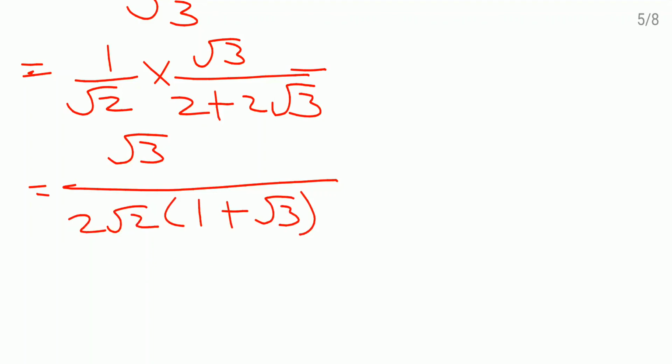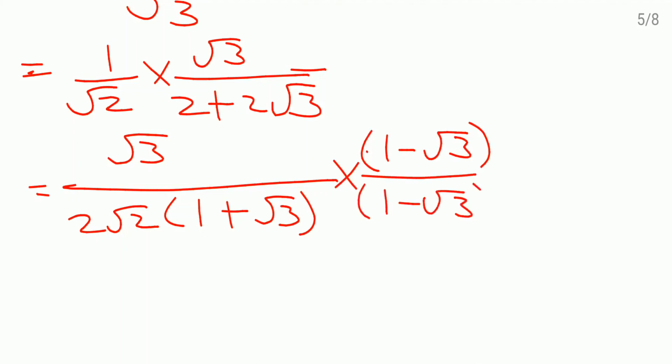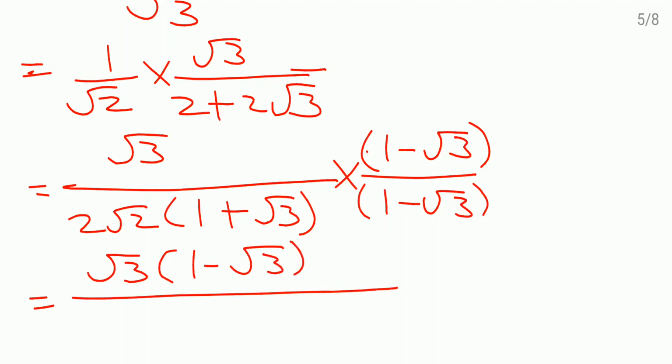Now I want to rationalize the denominator, but by step. So here 1 plus root 3 is there. So to the numerator I will multiply by 1 minus root 3, and to the denominator also 1 minus root 3. Now see what happens here, which is equal to root 3 in the bracket 1 minus root 3 divided by 2 root 2 as it is, and this one is a plus b, a minus b.